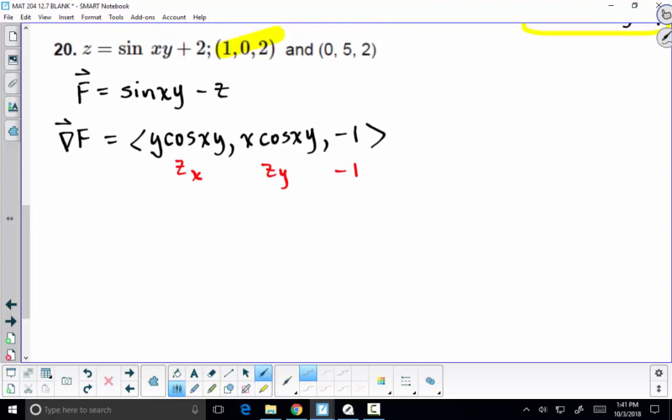So the normal vector at 1, 0, 2, plug in 1 for x, 0 for y. Cosine of 0 is 1. It looks like that's going to end up being 0 anyway, since y is 0. And the component here, cosine of 0 is 1. So we're going to end up with 1. So there is the normal vector that we'll use.